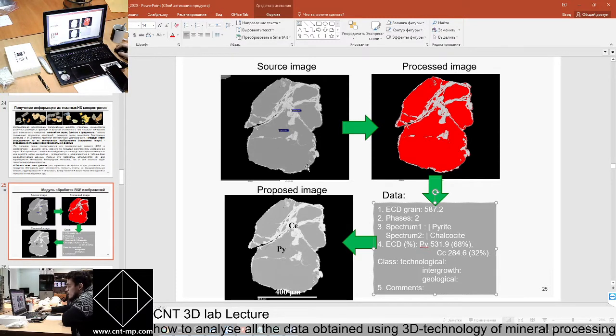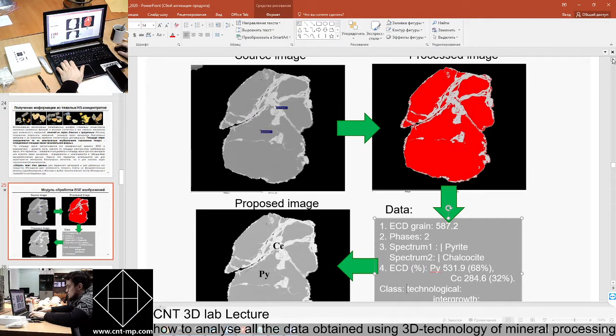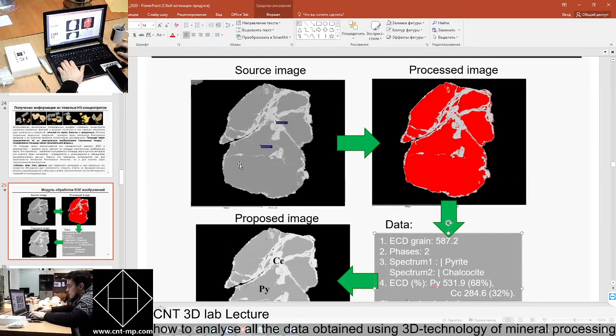So here we can see the electron image of a grain and two analyzed dots, I mean two spectrums. So there are two phases, two mineral species only.